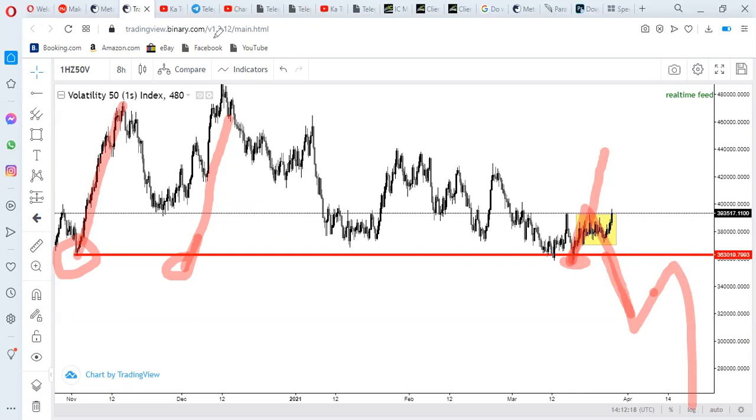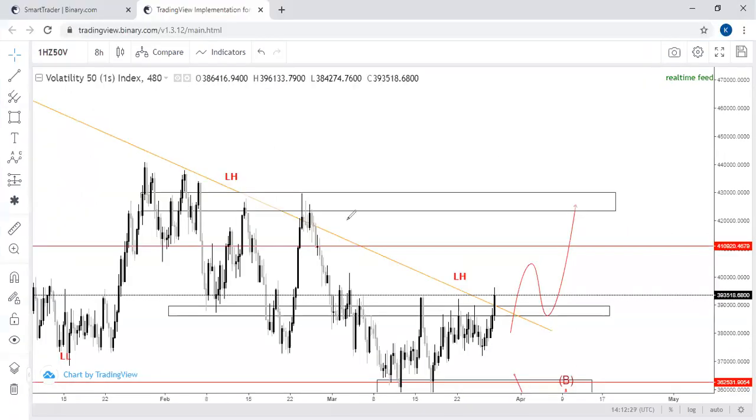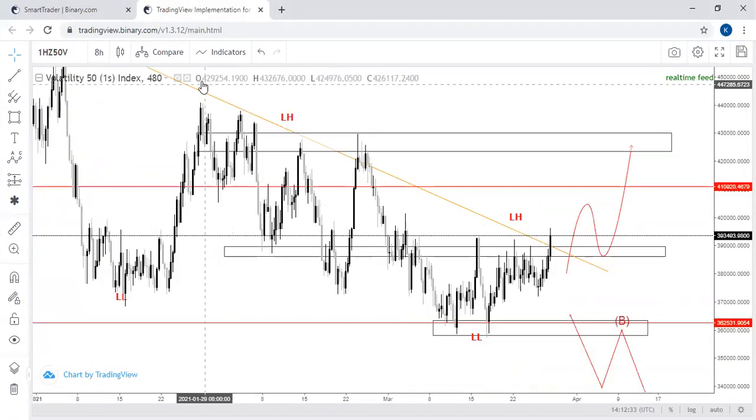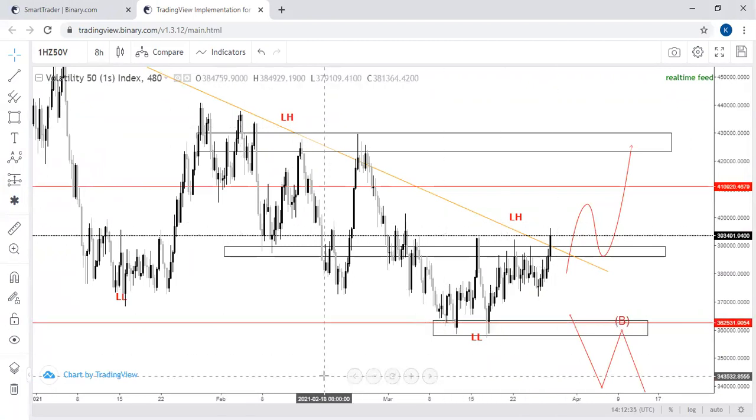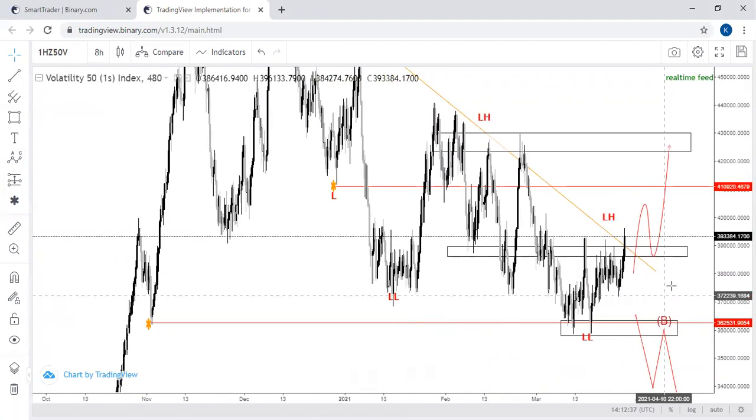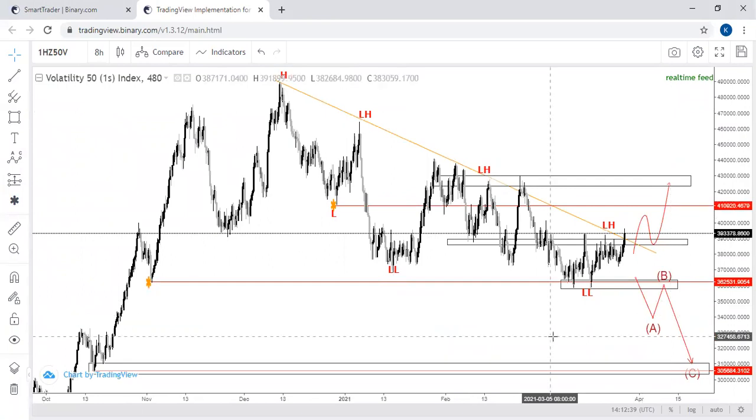So if you look at my setup, yeah, this is my setup. You see that I made some points here. Can you see that?